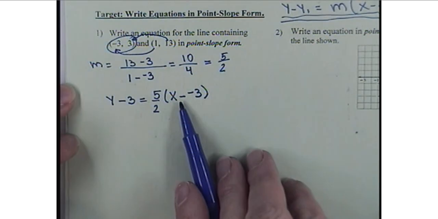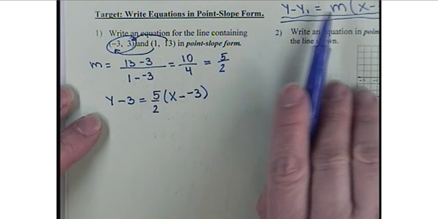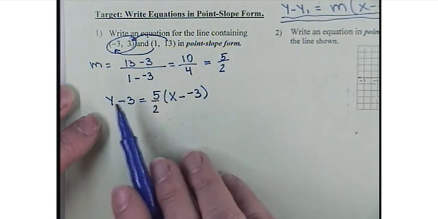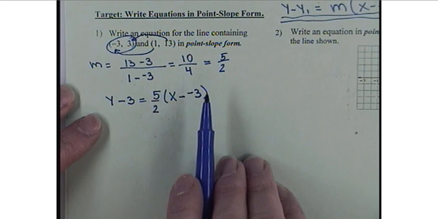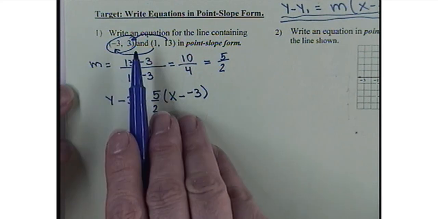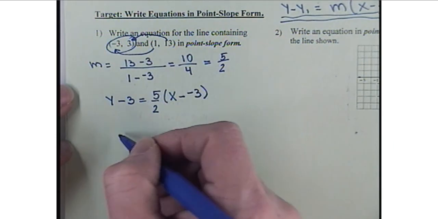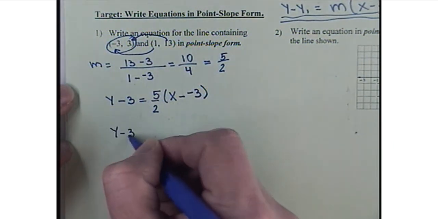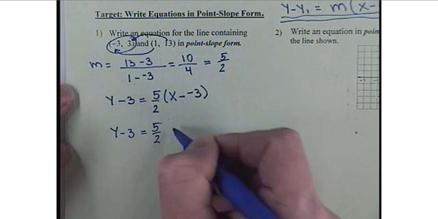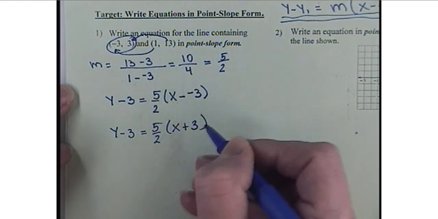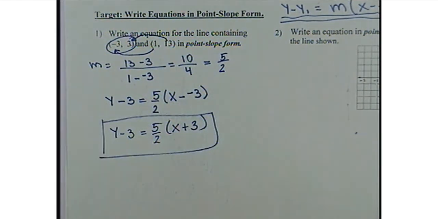You always have a negative sign that comes from the original formula, and you gotta bring down the negative sign that comes from the coordinate, which will give you positive when you combine those two. So y minus 3 equals 5 over 2 times x plus 3, final answer.